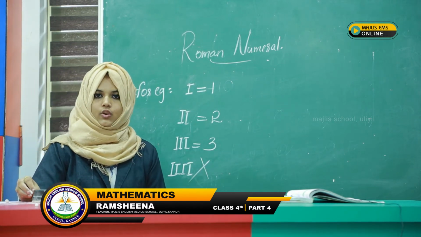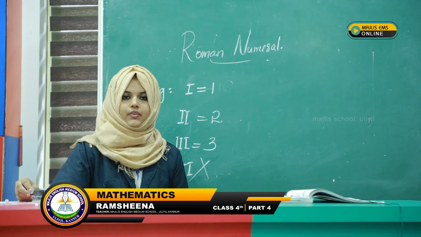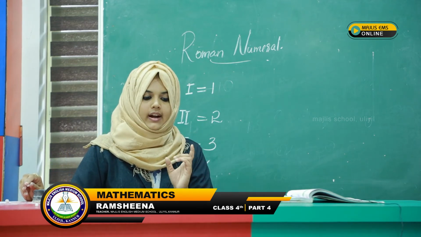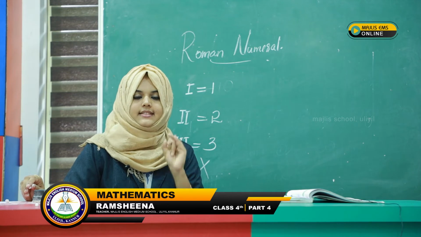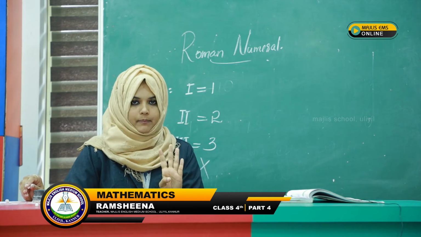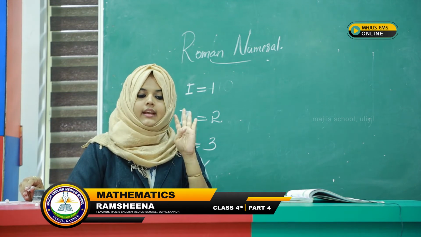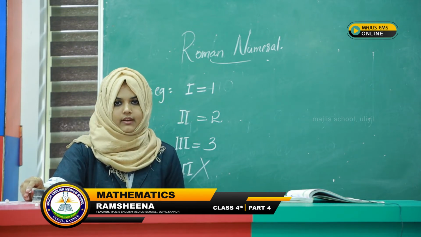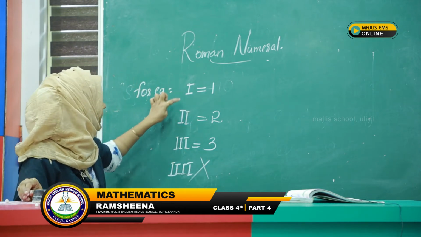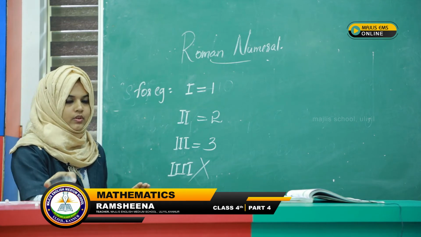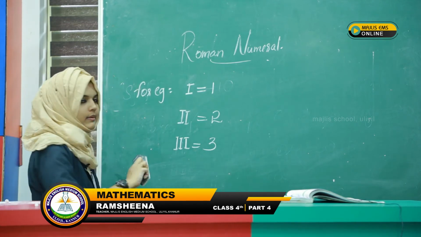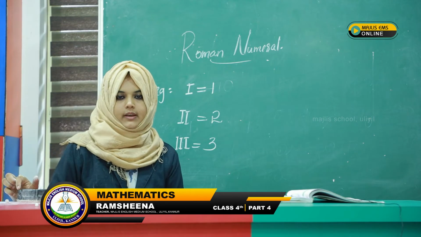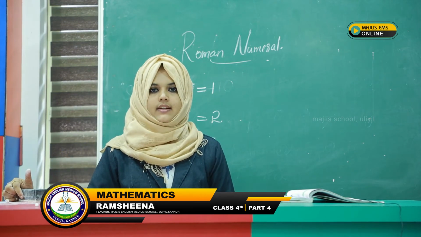All of you understand? So, the symbols I, X, C and M can be repeated 3 times only. They cannot be repeated 4 times.